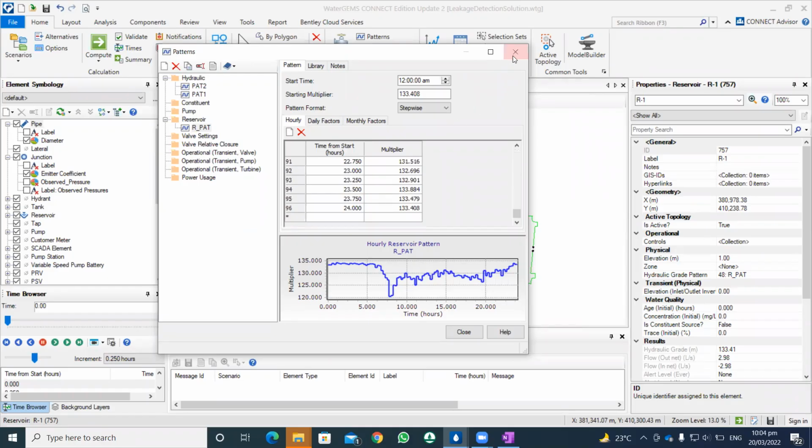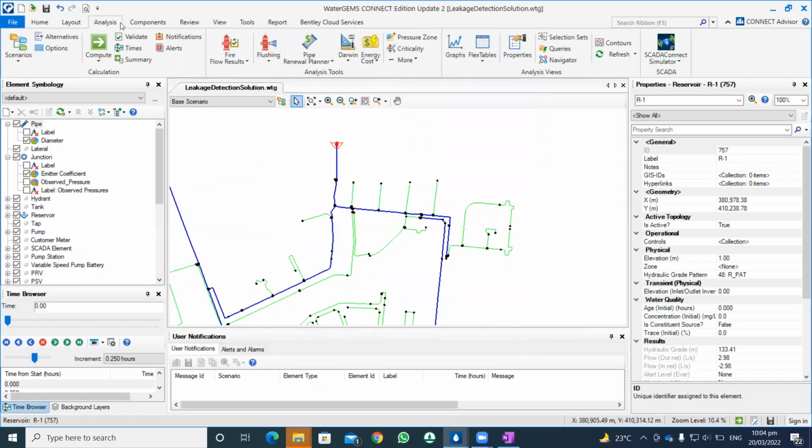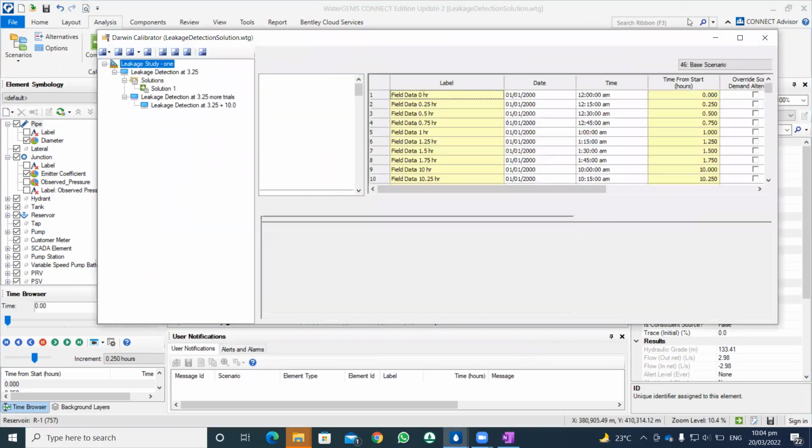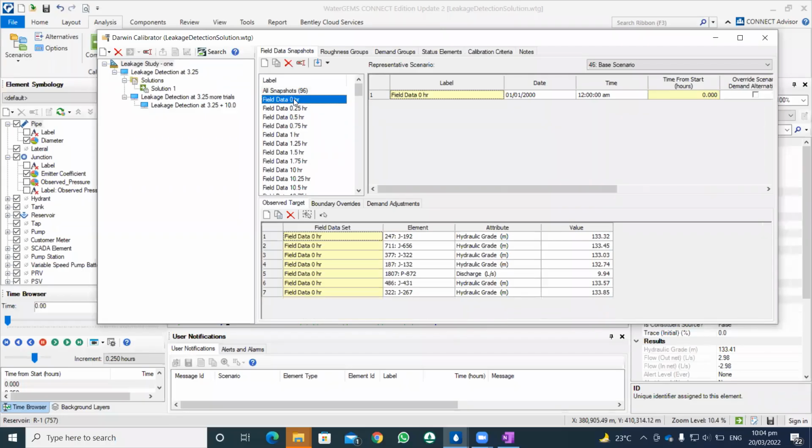Okay, so I want to show you the Darwin Calibrator. After getting the data from the field, you will go to the Darwin Calibrator. After getting the data from the field, you will create snapshots, for example, at hour 0.25, whatever name you want to assign to it.